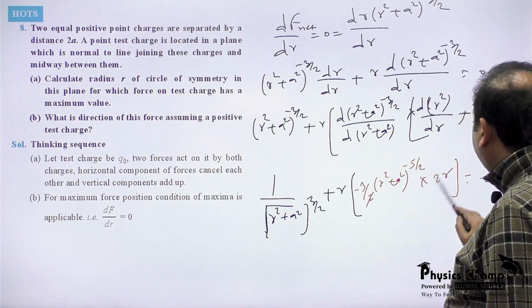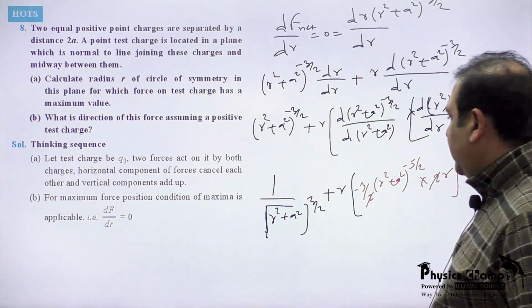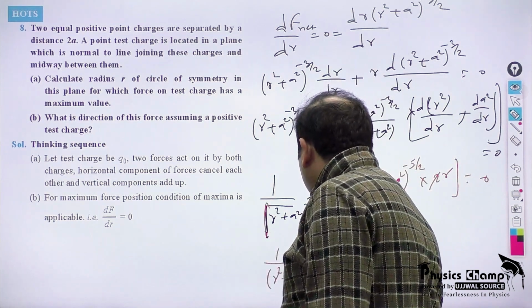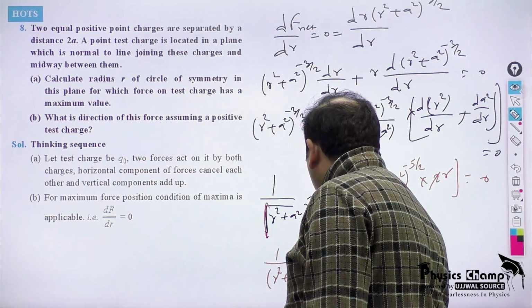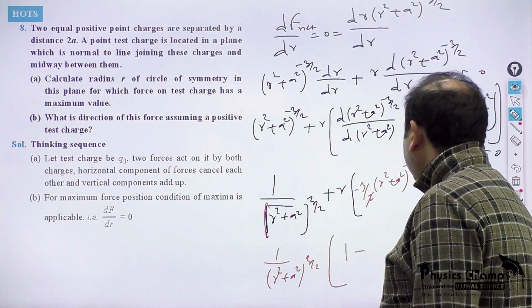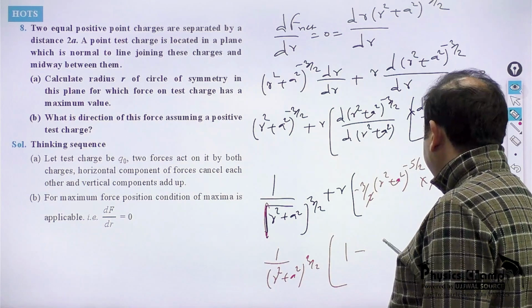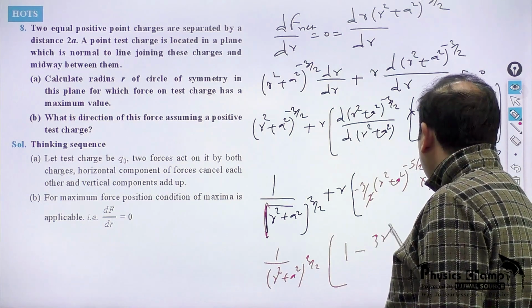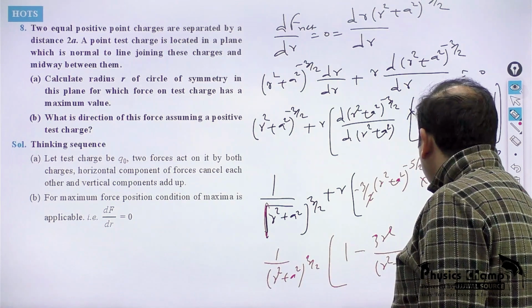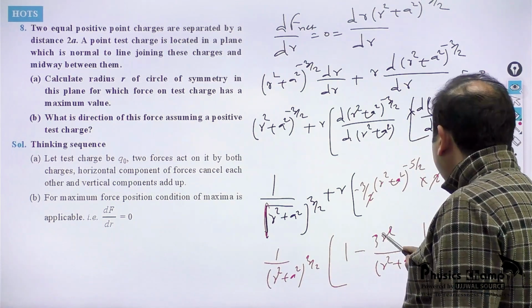So 2 gets cancelled. If I take 1/(r² + a²)^(3/2) common in this whole arrangement, what I will be getting is 1 - 3r²/(r² + a²) equal to 0.